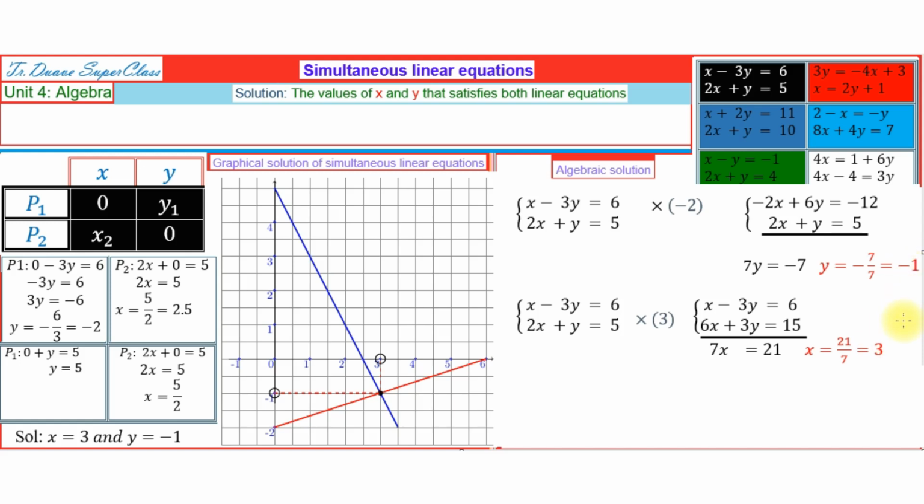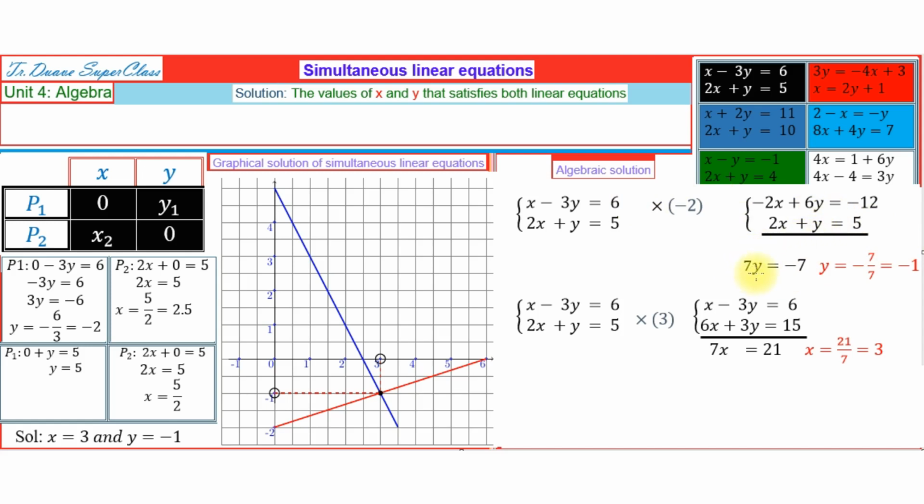That's it. Now, what about the mixed method? The mixed method is the method in which you first find one of the solutions, x or y, using either elimination or substitution, and then you use the other method to find the other value. As we can see here, we have found the value of y using elimination.